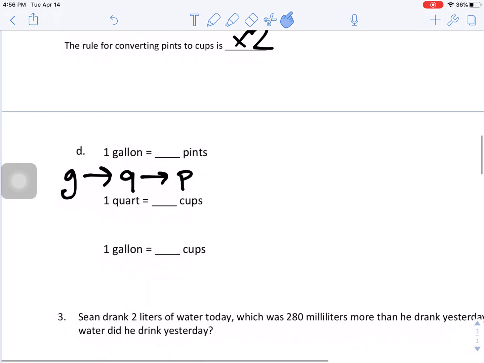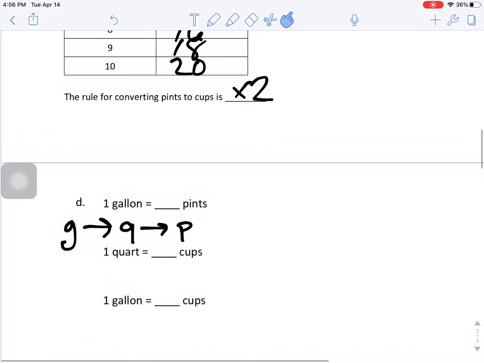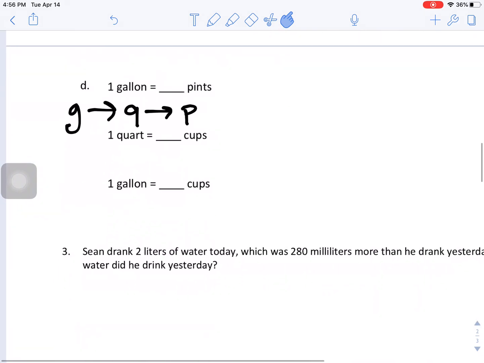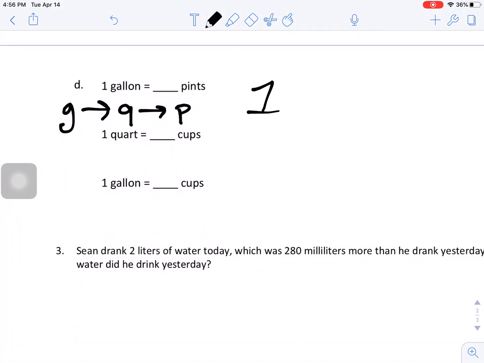So I can go back up to my conversion chart and see that each gallon has 4 quarts. So 1 gallon equals 4 quarts. And then I could go back up and find, if I look for 4 quarts, how many pints does it have?